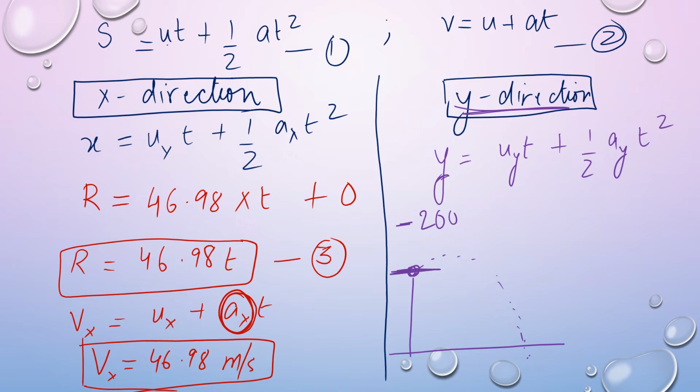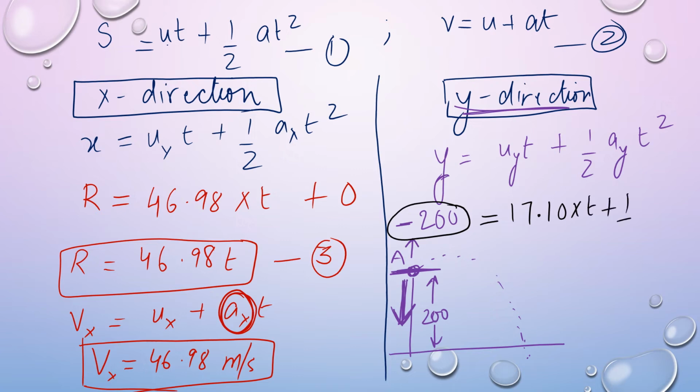This point A is considered as the origin, so this is the negative y direction and upward is the positive y direction. Because the distance towards the negative y direction is 200, I'm going to take it as negative 200. This equals uy, which was 17.10, times t plus half, and ay was negative 9.8, times t squared.